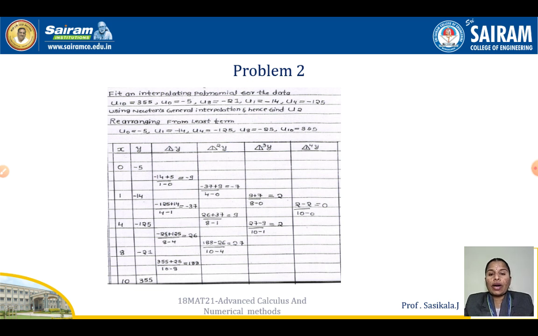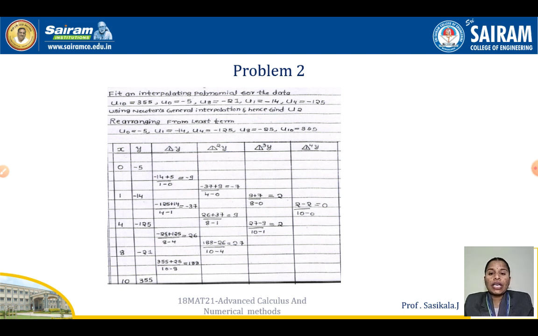First thing I need to arrange it. Though it is not at equal intervals, first I should arrange the x values in ascending order, right? So you can write 0, 1, 4, 8, 10. So arrange the x values first, then write the corresponding y values. At 0, I get minus 5, and 1 is minus 14, 4 is minus 125, 8 is minus 21, and 10 is 355.